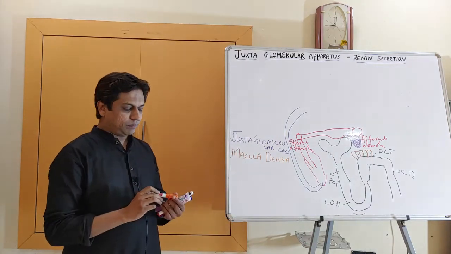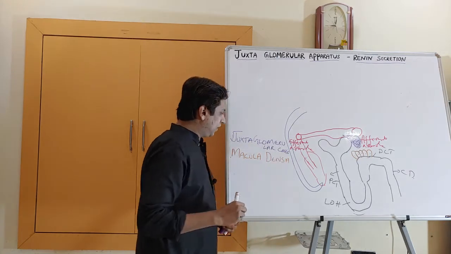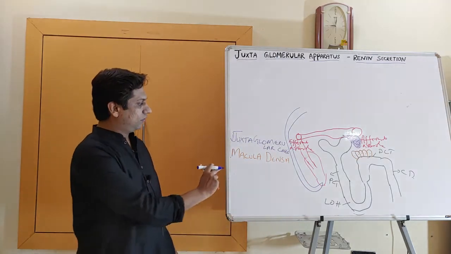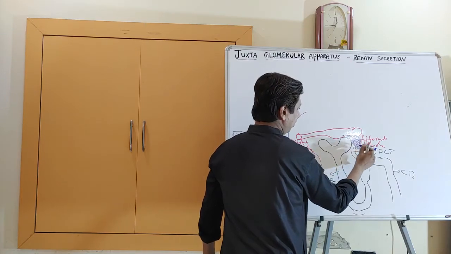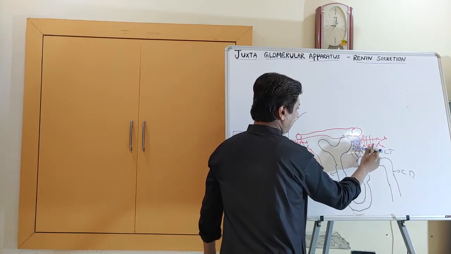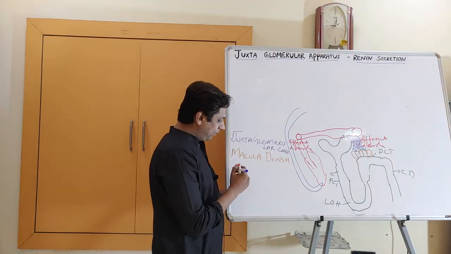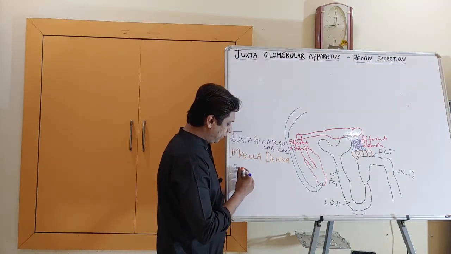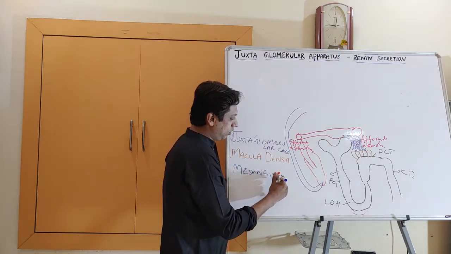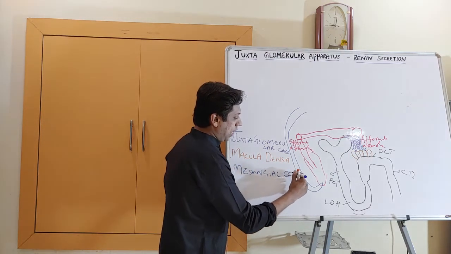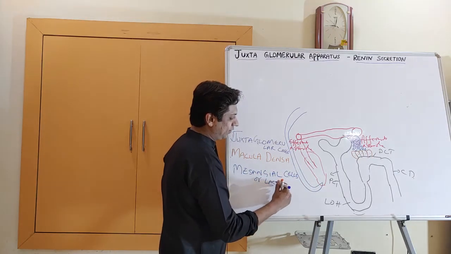Then in between these two, the juxtaglomerular cells, JG cells, and the macula densa, there are certain supporting cells. These supporting cells are known as mesangial cells, also known as Lacis cells.